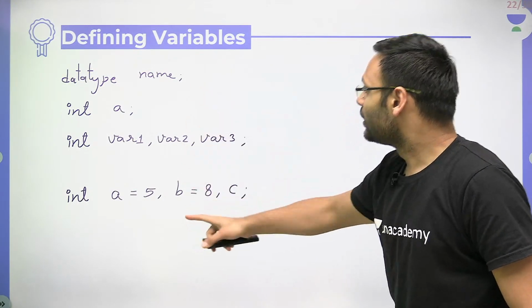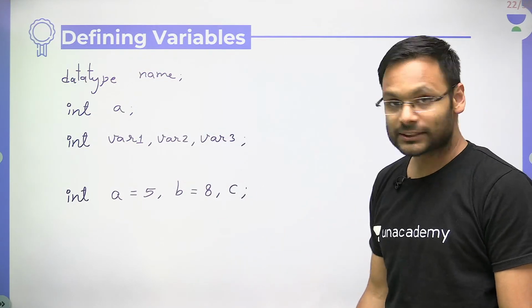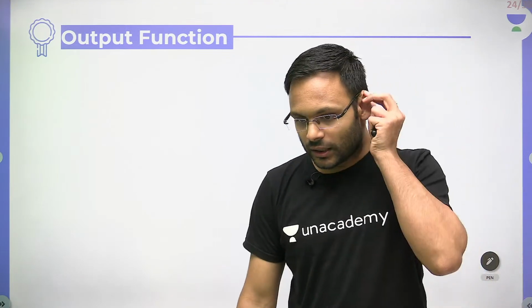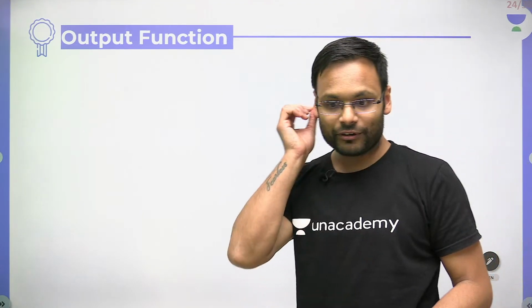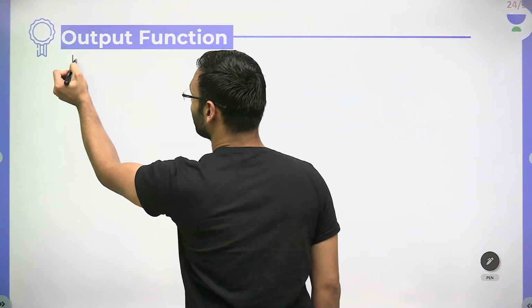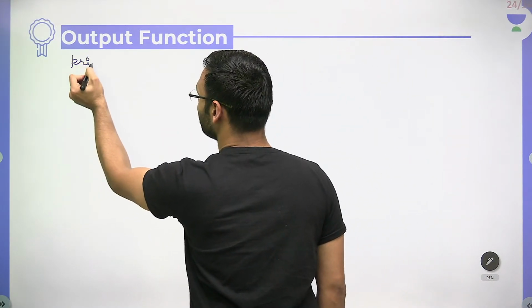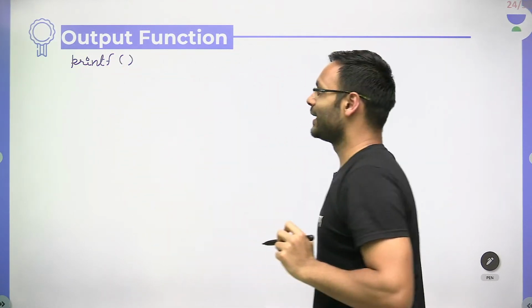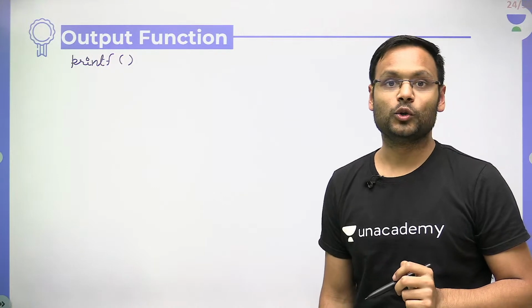Fine. This is how to define variables. Cool. Next is the output function. Very, very easy. What is the output function? The output function is printf. It's an inbuilt function, printf, and in brackets we write whatever we want to print.